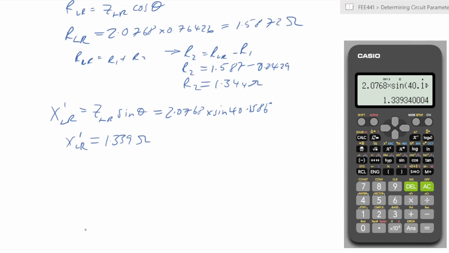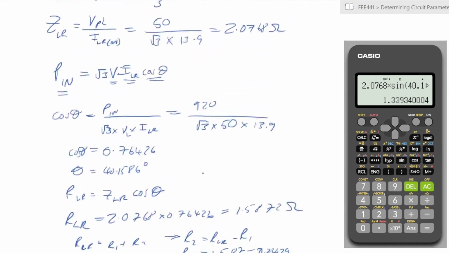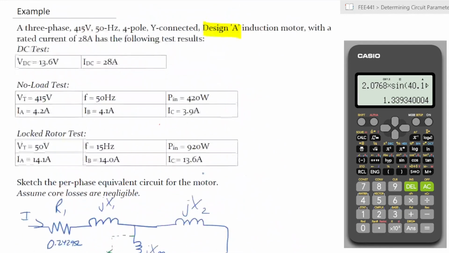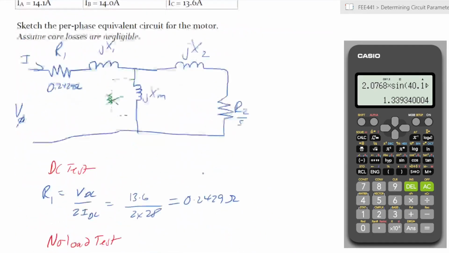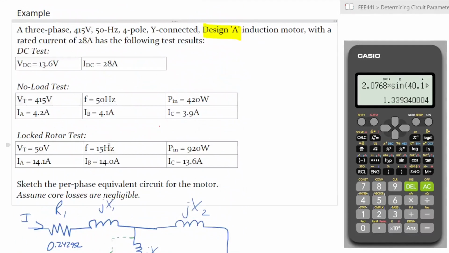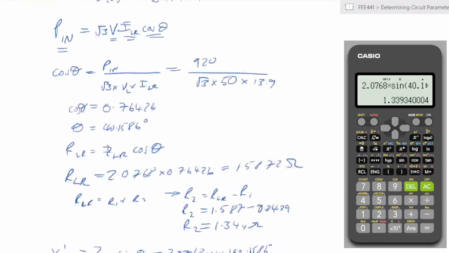The true value of XLR, the actual value of XLR, will be given by the rated frequency over the test frequency times XLR prime. Rated was 50 and locked rotor is 15.